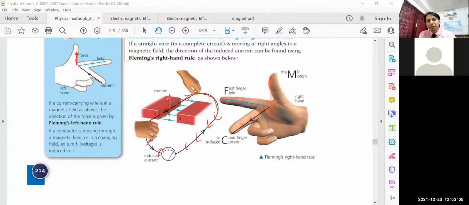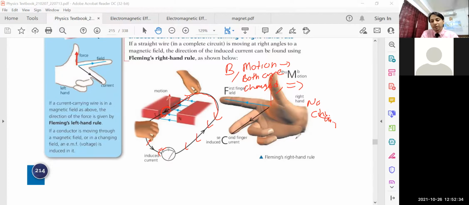Remember, children, I hope that you are getting my point, what I'm saying here. If magnetic field B and the other factor, motion, both are changed, then the result is no change. There will be no change in direction of current.